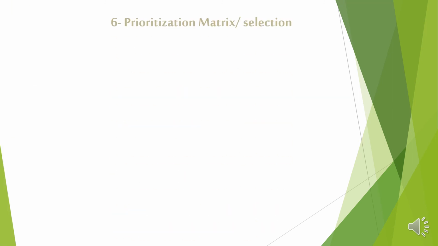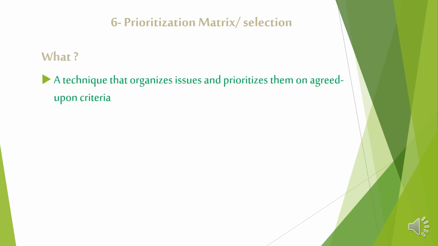After Pareto, we have the prioritization matrix or the selection matrix. What is it? It's a technique that organizes issues and prioritizes them based on agreed upon criteria. If you have a lot of things, like solutions of a problem, but you don't know which one of them you have to start with, put them in the prioritization or selection matrix. Why will we use it?